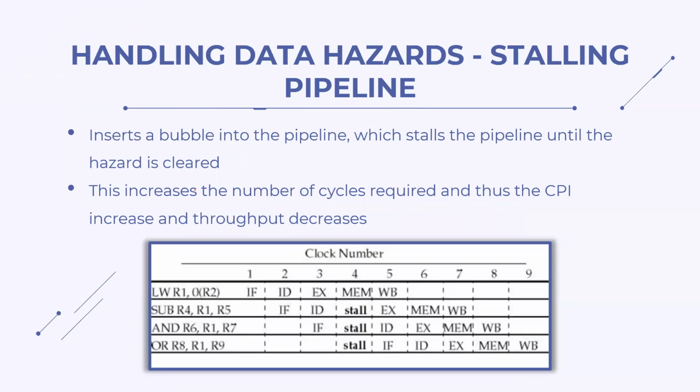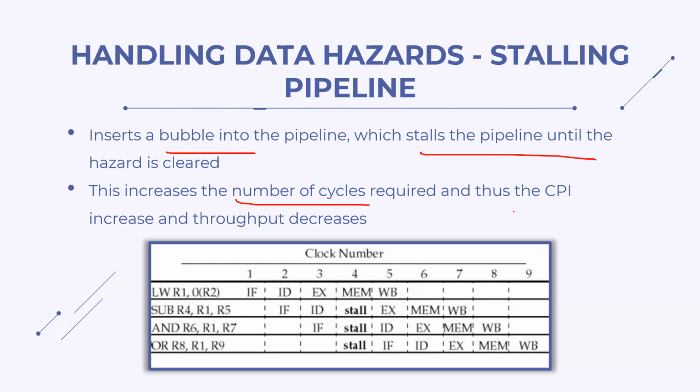When forwarding becomes an issue, we use stalling of the pipeline. What's done here is we insert a bubble into the pipeline, so the pipeline will be stalled until the hazard is cleared. But this is used less than forwarding, because it increases the number of cycles required.